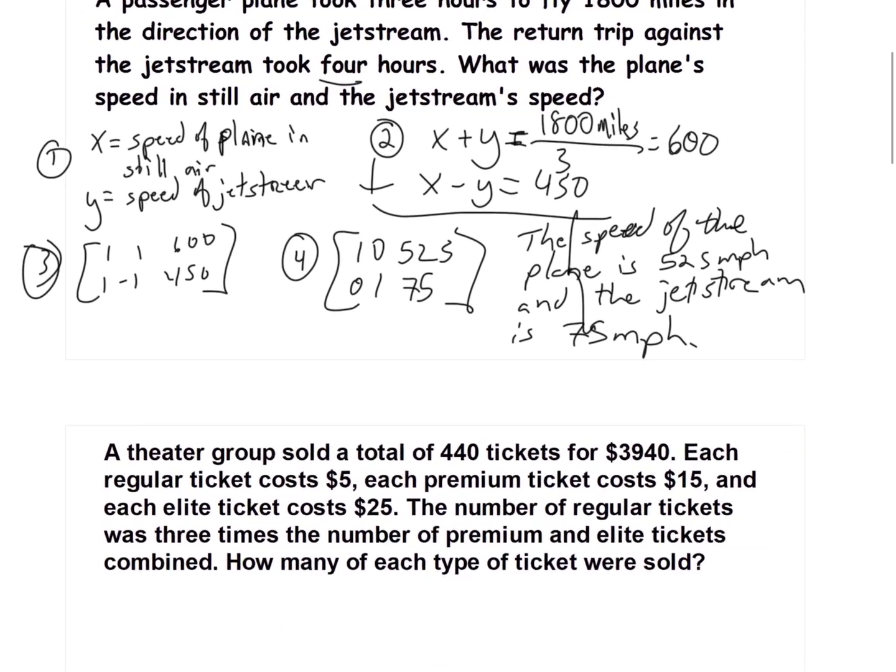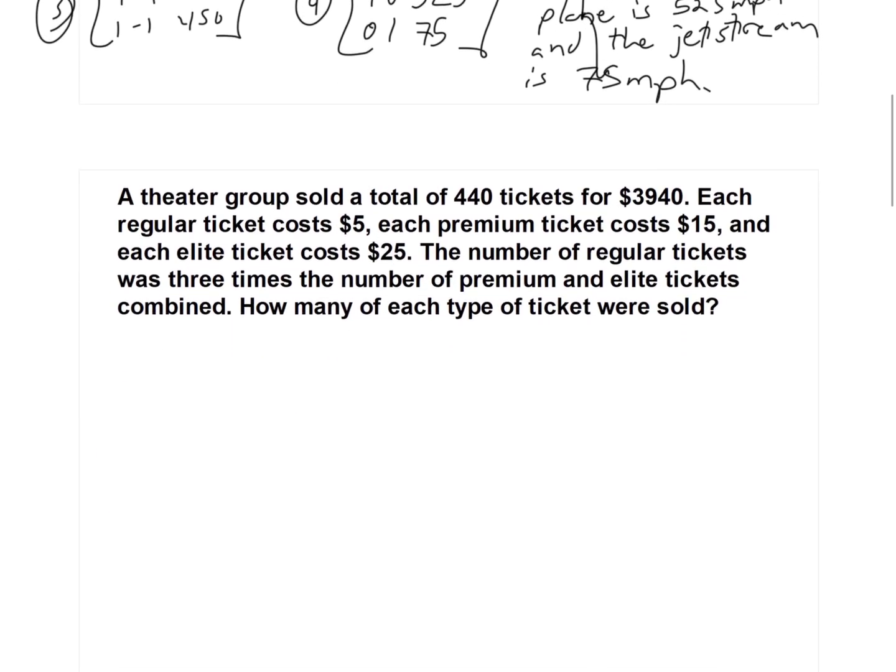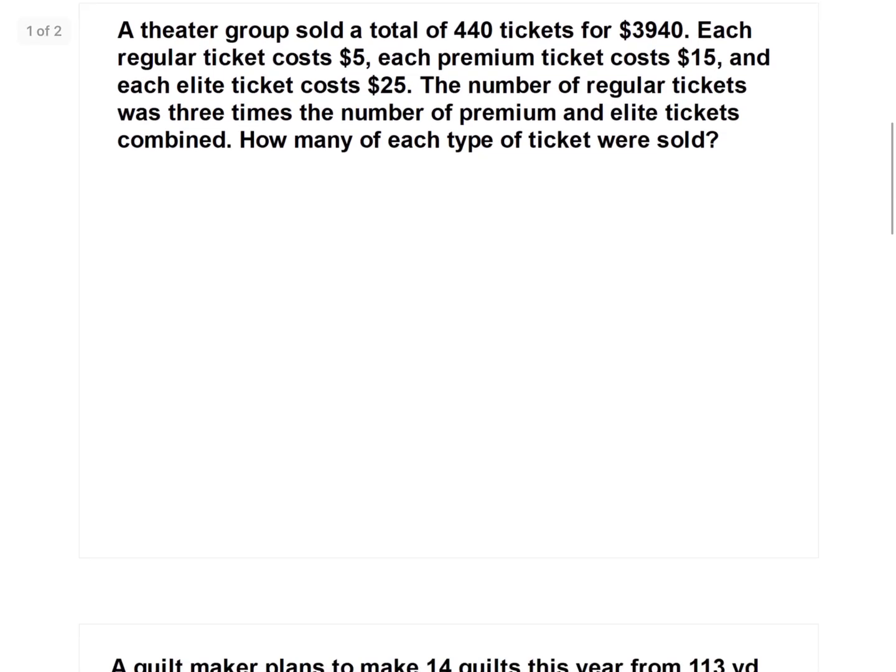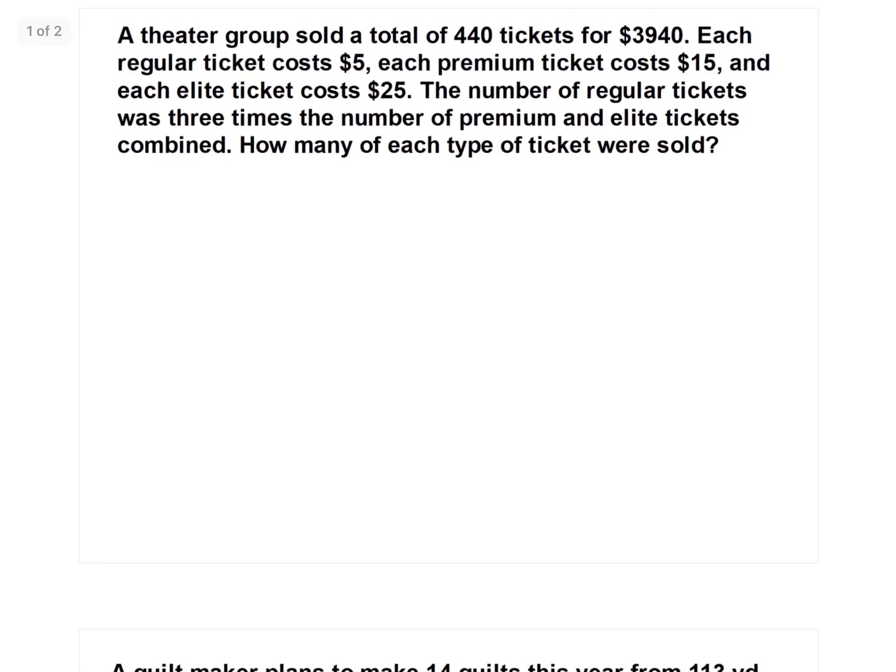What we're going to move on to actually is equations that involve three unknowns. So it says that a theater group sold a total of 440 tickets for $3,940. Each regular ticket costs $5, each premium ticket costs $15, and each elite ticket costs $25. The number of regular tickets was 3 times the number of premium tickets and elite tickets combined.